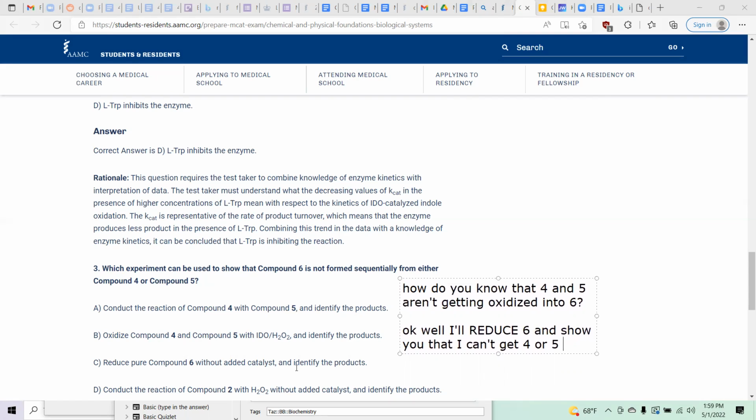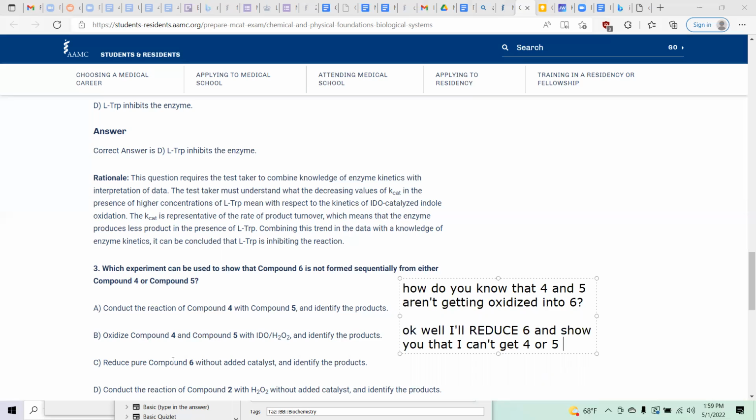Always think about these scientific questions as if you're having a fight for your life with somebody, and you don't want to give them any possible reason to say that you're wrong. If you do it without added catalyst, they'll ask, well, why didn't you add the catalyst? It could be different if you added the catalyst. Maybe you do get 4 and 5. So any hole that could be here, you want to get rid of it.